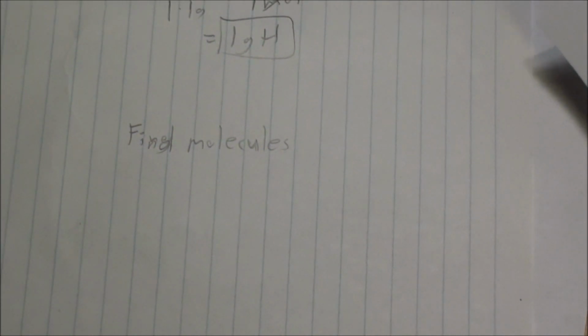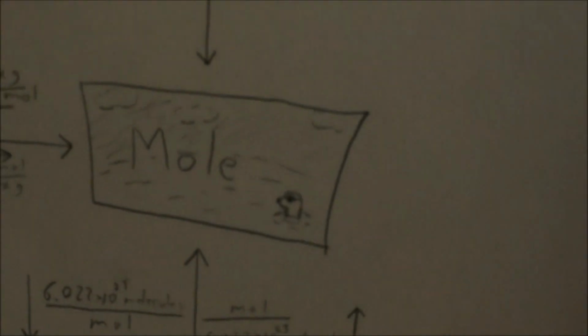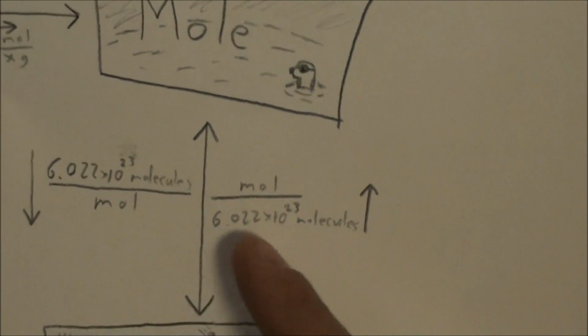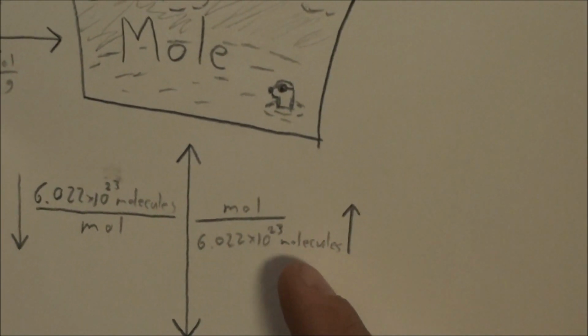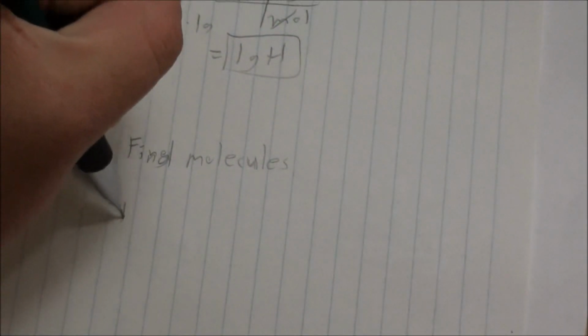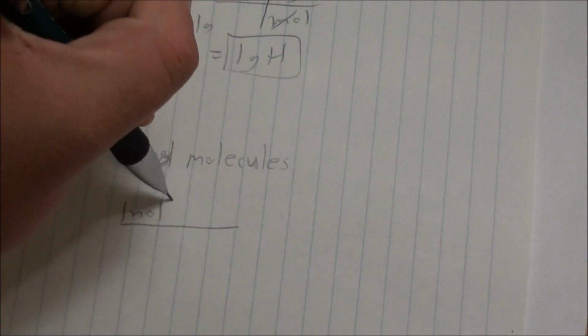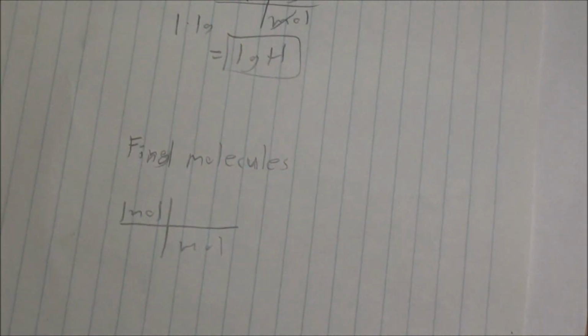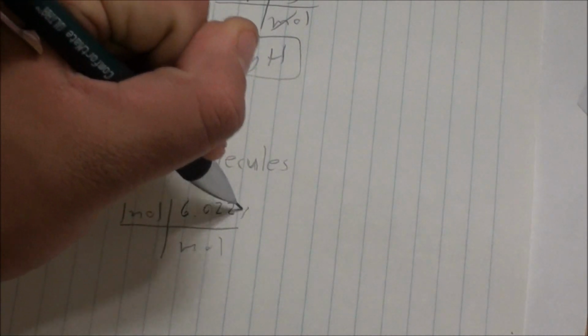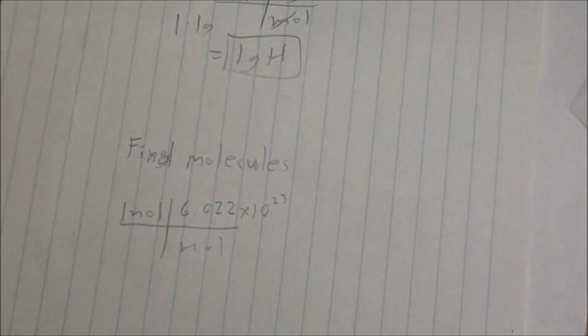Next, we have molecules. To find molecules, we go from moles to molecules using mole times 6.022 times 10 to the 23rd, which is Avogadro's number. So what we do here is write the given divided by the mole and times it by 6.022 times 10 to the 23rd.